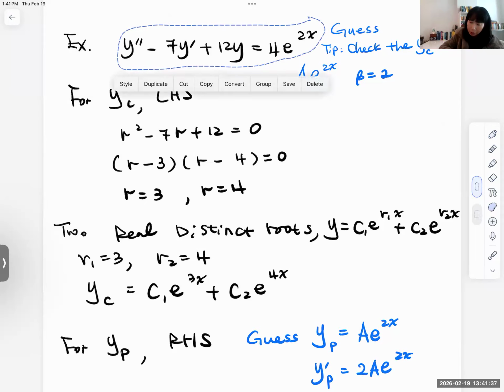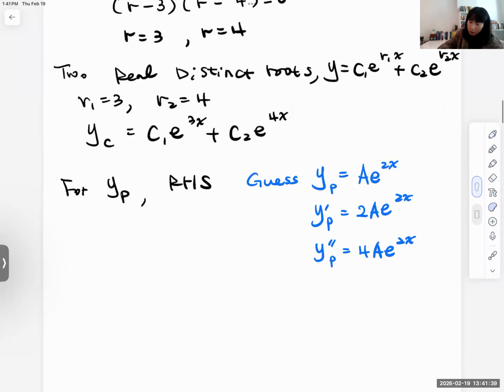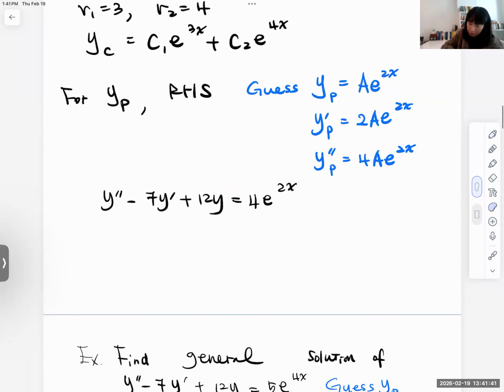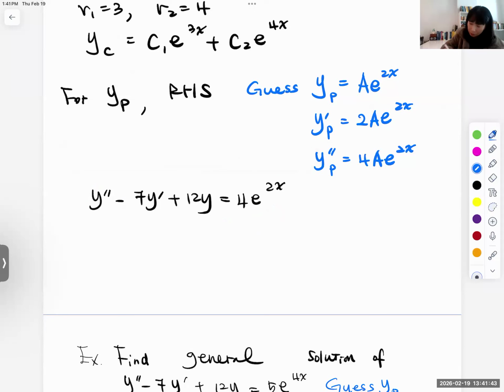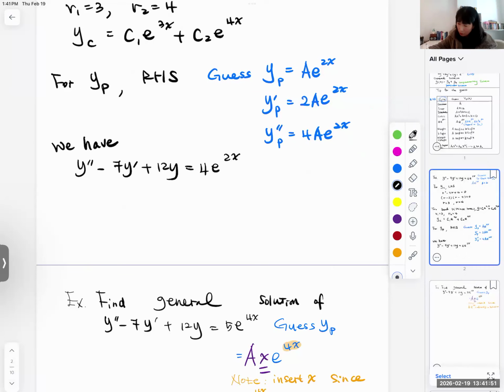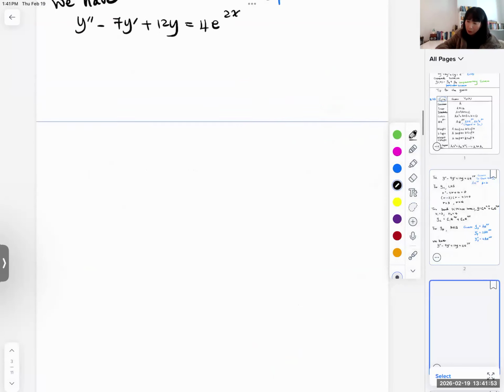So we substitute. What is y double prime? Let me use another page.